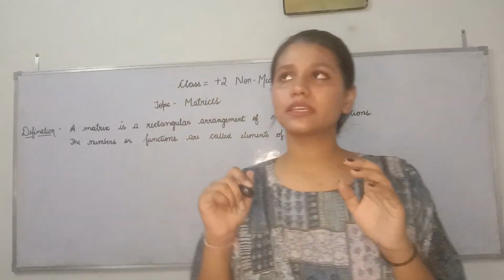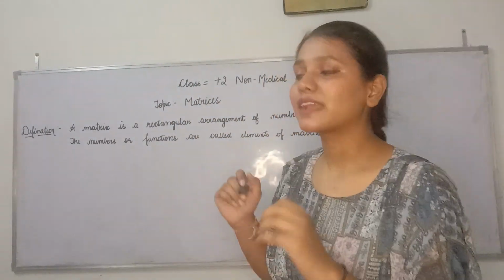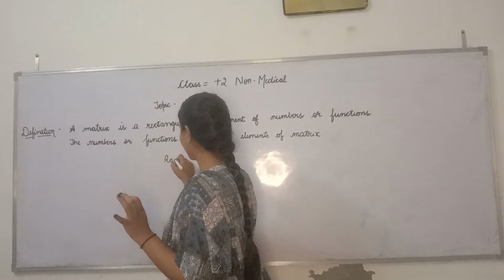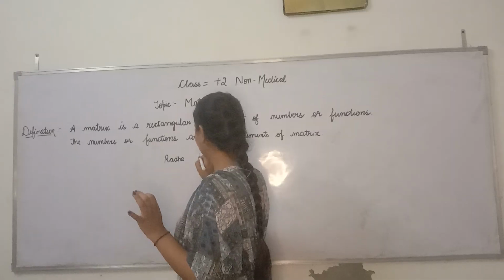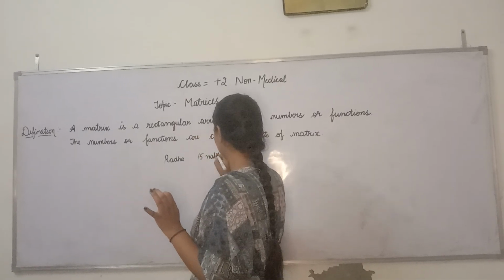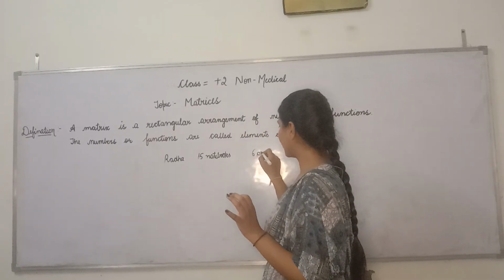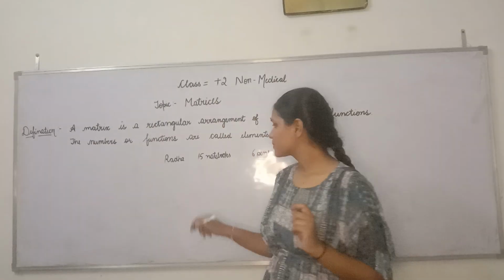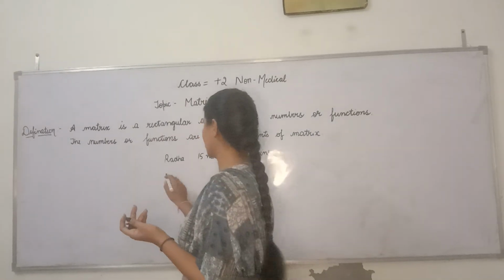Suppose we have the information that Radha has. I am writing the information that Radha has: 15 notebooks and 6 pens, and her friend is called Simran.